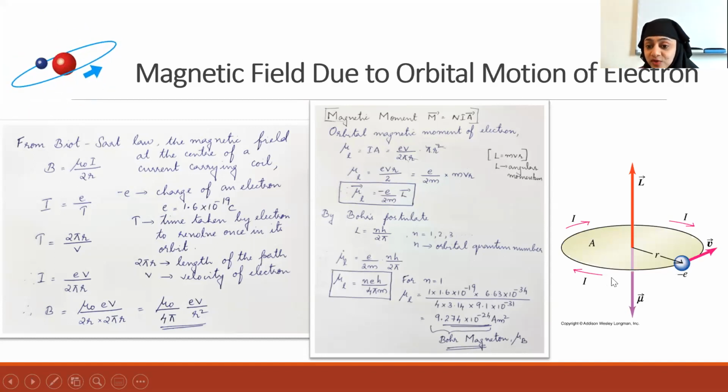Here you can see a figure where an electron is revolving with the velocity v along an orbit having radius r. This motion of an electron in this direction will cause a current in the opposite direction. And there is the angular momentum of the electron, which is represented by L, which is pointed outwards.